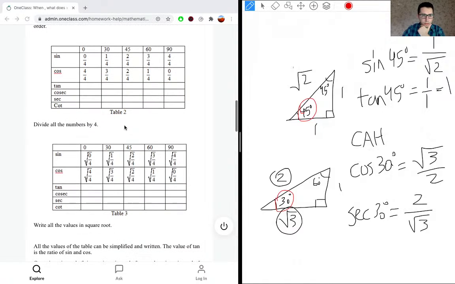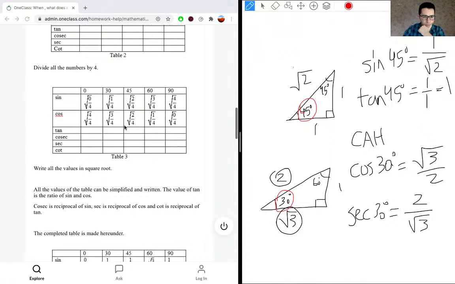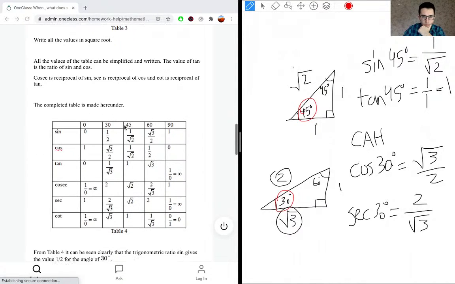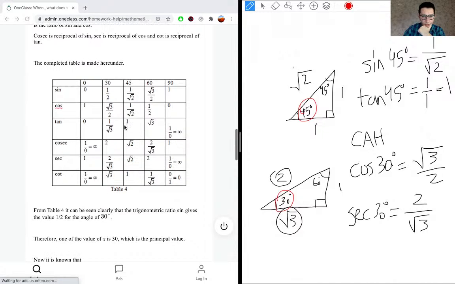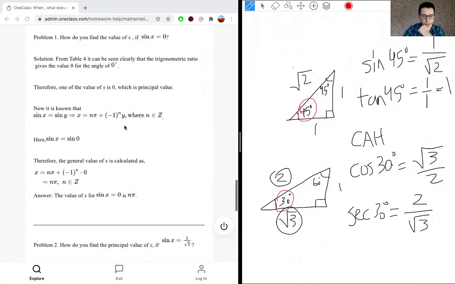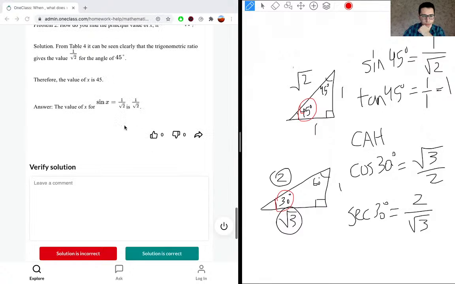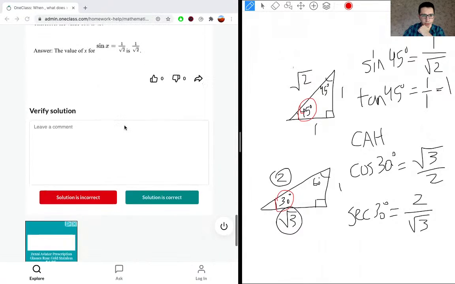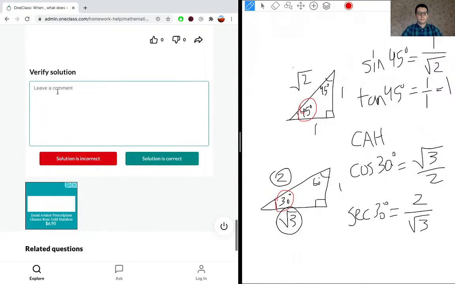They go through a process to evaluate the angles, and they go through some examples. All clear question, correct explanation.